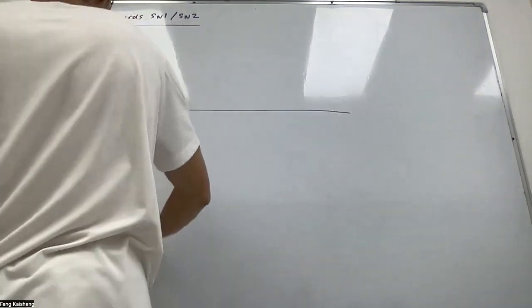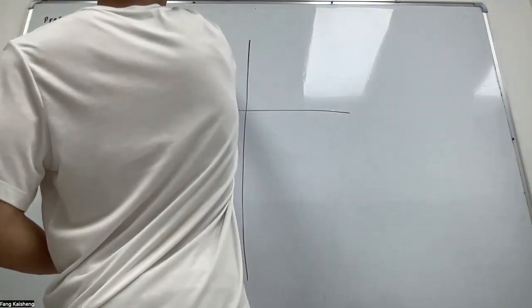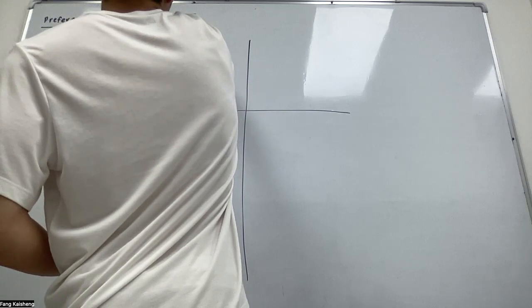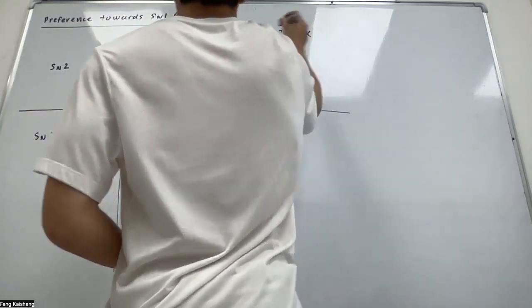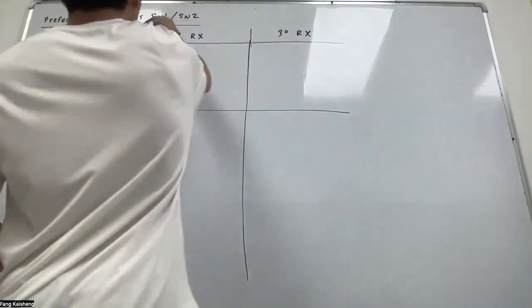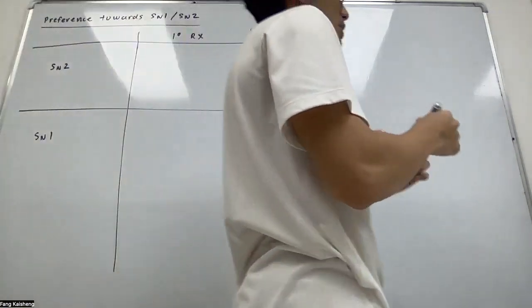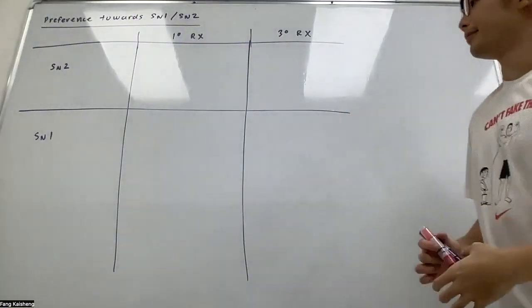And for each one of them, we have primary halogenoalkane and tertiary halogenoalkane. Make sure the box is big enough because you need to write a bit of words inside. Don't draw too small.